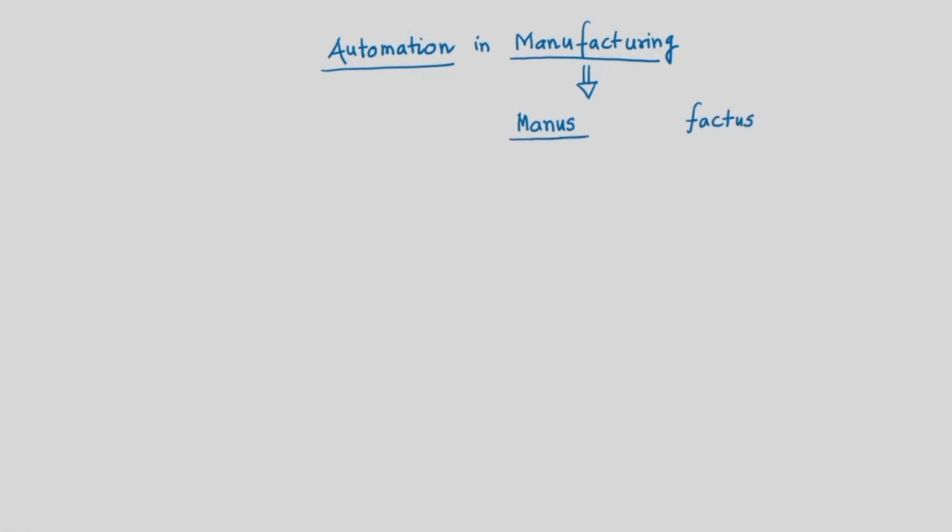So, what is the meaning of manus? Manus means by hands in English, and factus is nothing but make or do. So, whatever you do by hands and make certain things, that is nothing but manufacturing.